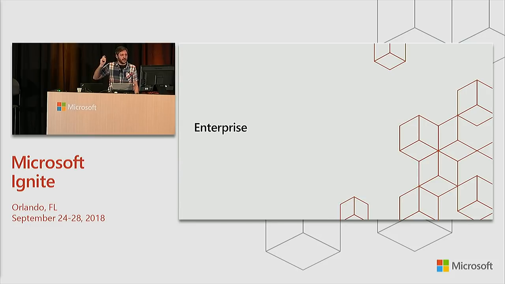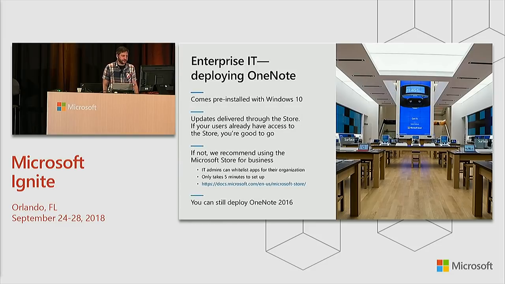So for the enterprise, how many folks here manage an enterprise or are IT admins for a suitable amount of machines? Okay, excellent. Well, then this is for you guys. It does come pre-installed, which is both good and bad depending on your point of view. Updates are delivered through the store. It is a store app. However, a lot of folks don't know that you actually have the enterprise store. So OneNote for Windows 10 can be managed through the enterprise store.